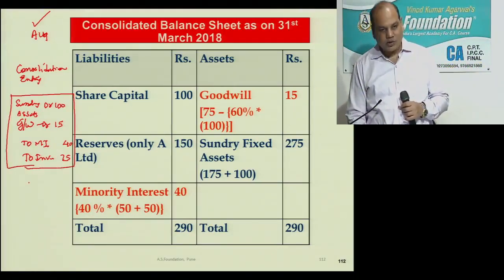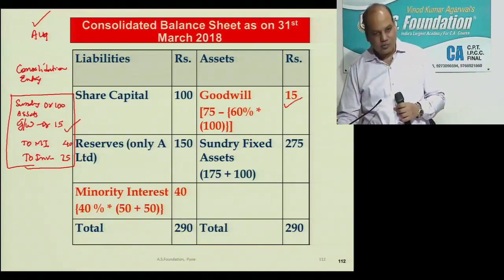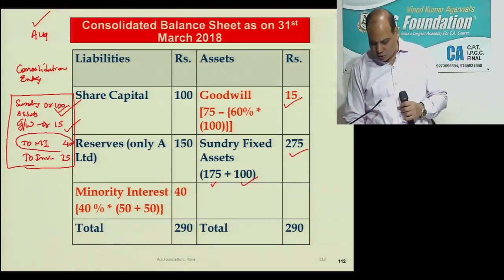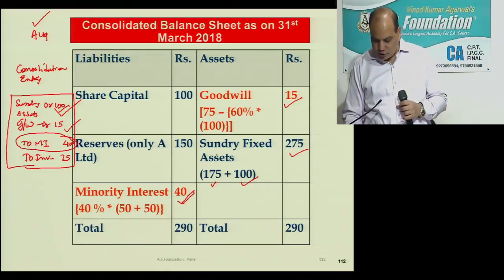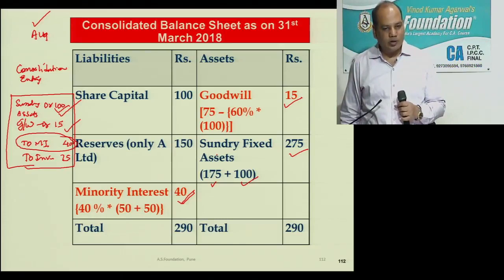So the moment I pass this entry, this goodwill which we have debited has come here. This fixed asset which was already 175 plus the effect of this entry 100, 275 will come. Then one new account I created, minority interest 40, and the investment which was appearing there in our book 150 is credited, means that will not appear.